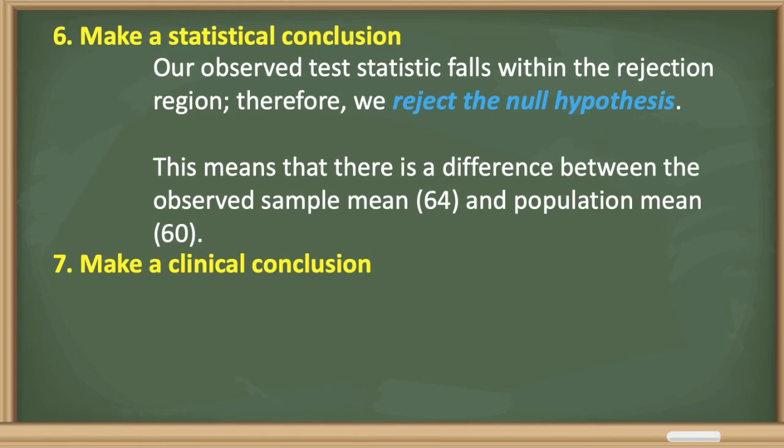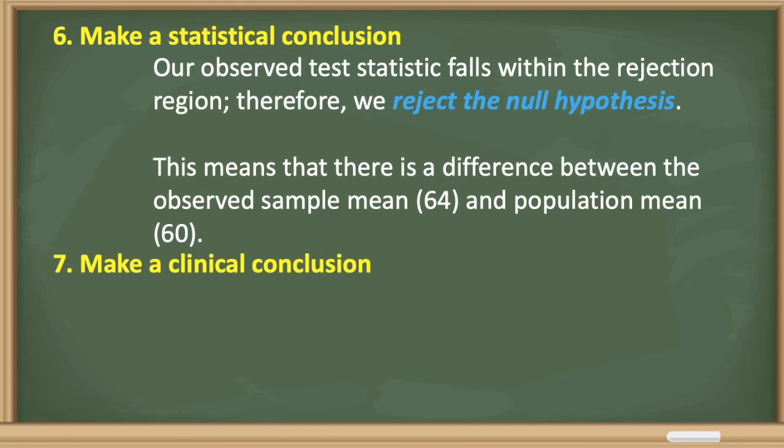And remember that our null hypothesis statement says that there is no difference between the sample mean and the population mean. So if we reject that statement, we have to ask ourselves, what are we really saying? If we reject the fact that there is no difference, we're essentially saying that there is a difference between the observed sample mean, which was 64, and the population mean of 60.